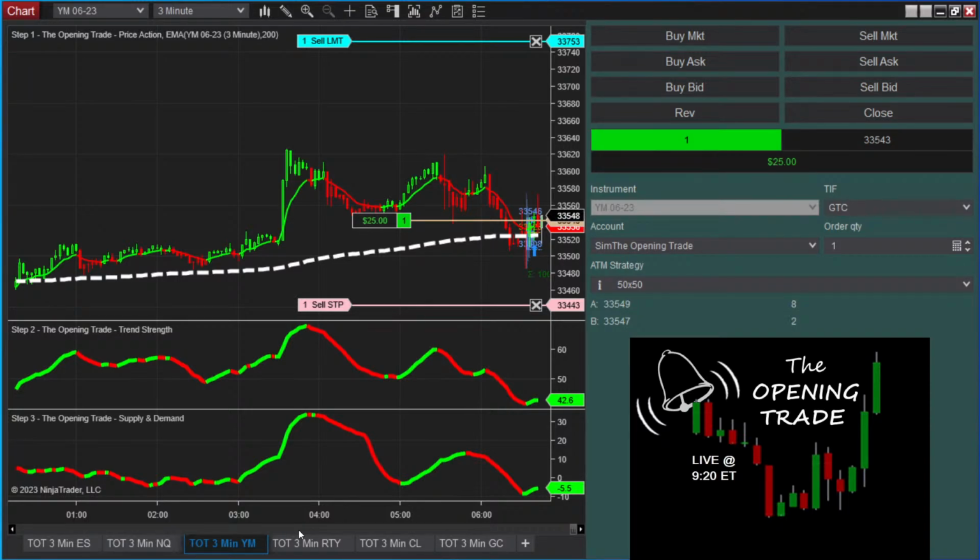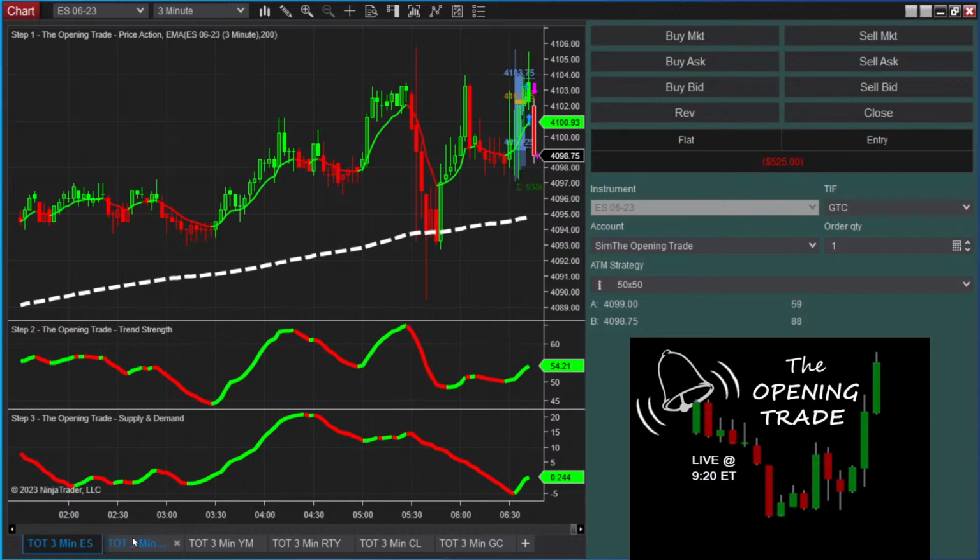Okay, so we see that 2 of our automated trades got kicked out. There, we still have 1 automated trade hanging in, and that's for the Dow.